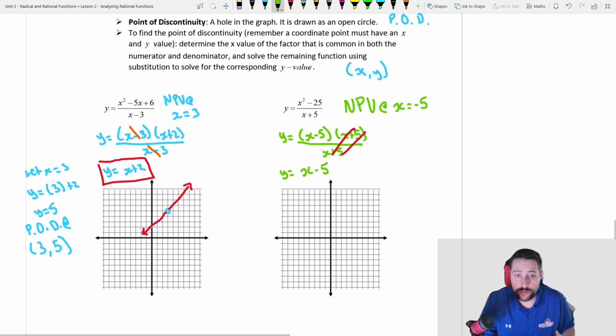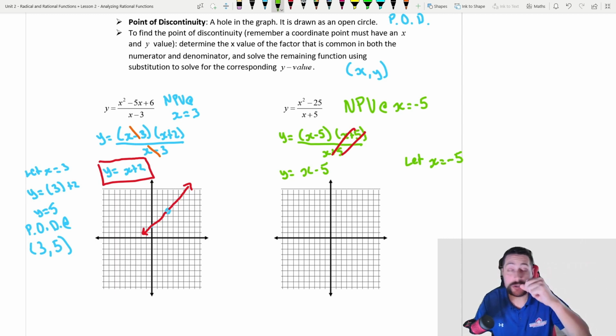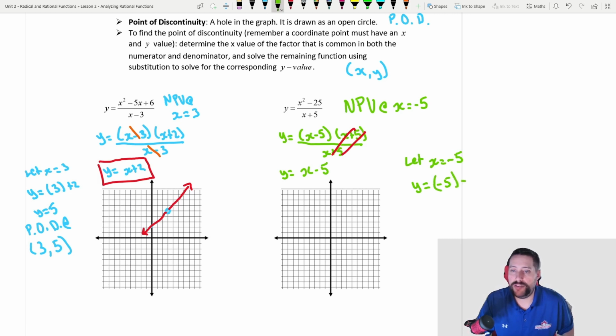Because those have canceled, we are now going to find the POD. So we're going to say let x equal -5, because that was the NPV from before. We're just going to use that NPV now to find the point of discontinuity in our new function. So y is equal to -5 minus 5.